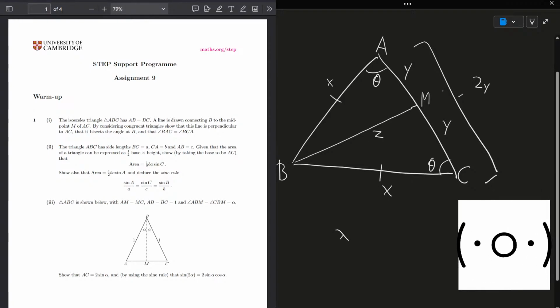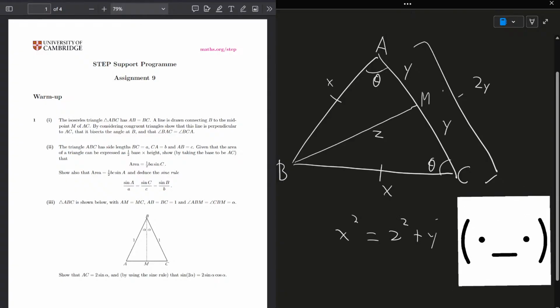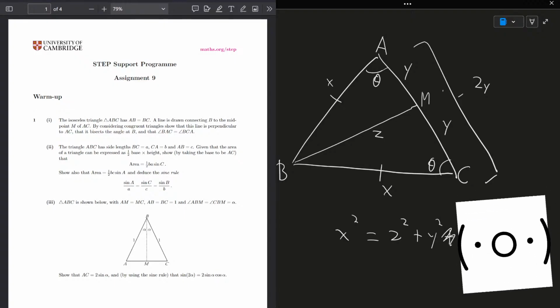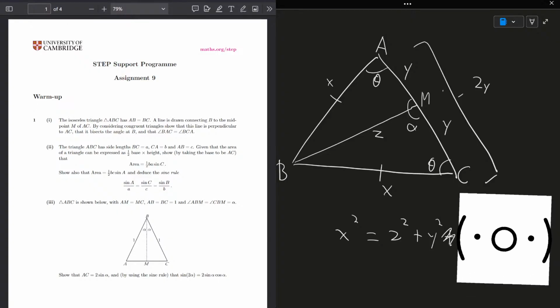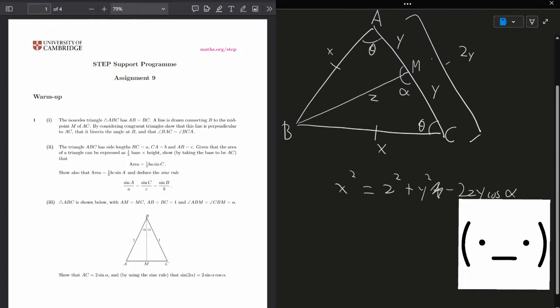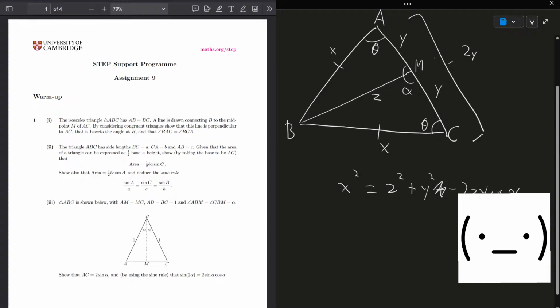What if we genuinely cosine rule it? Like, what if we just write z y plus and minus 2zy cosine this mysterious angle, which we'll call alpha because we love random variable names. It does not help.